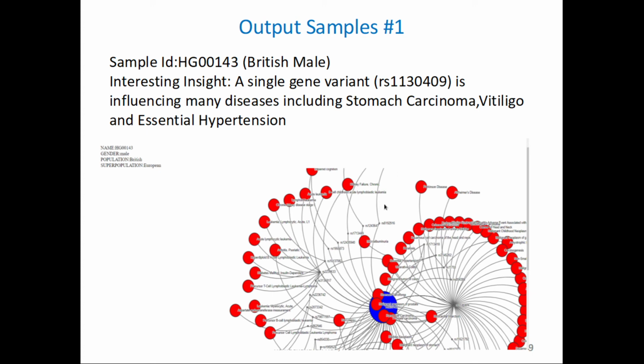Another interesting gene is right here. You can see the single gene is impacting all these diseases. So it's just some visual data that you can play around with, and hopefully it makes you understand this data set much better than just seeing it in an Excel sheet or something.